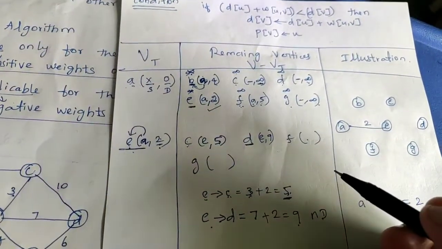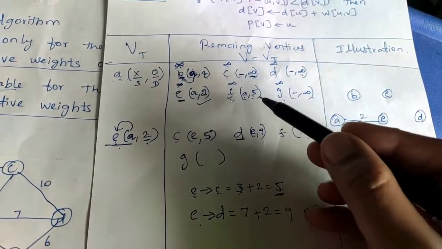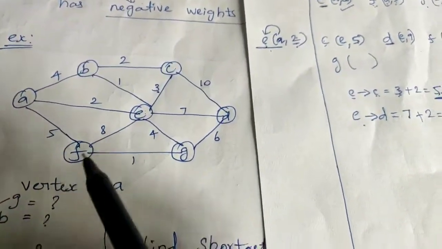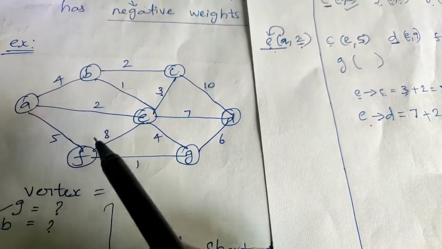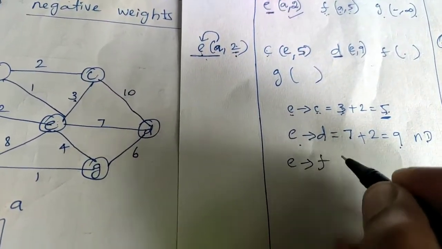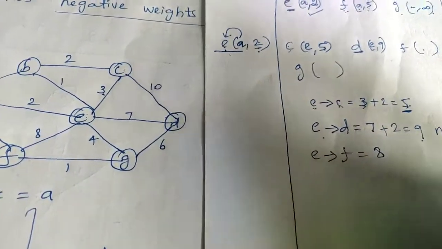If you are getting a lesser distance than this, we'll update, otherwise we will leave this distance as it is. Now E to F, we'll see whether we have an edge or not. E to F, I have an edge. See, E to F, I have an edge with the edge value 8.